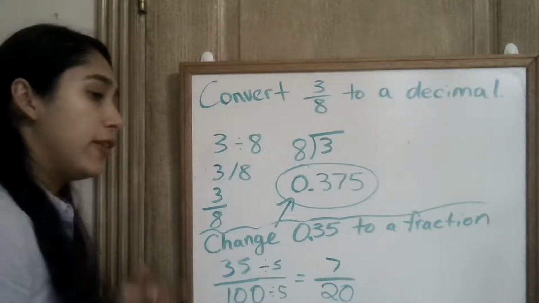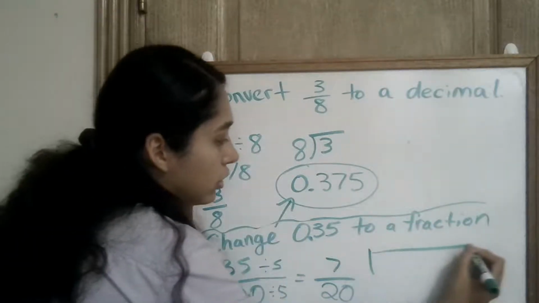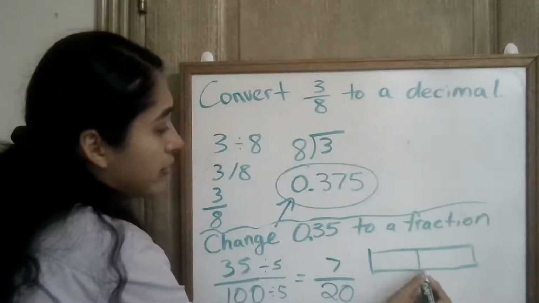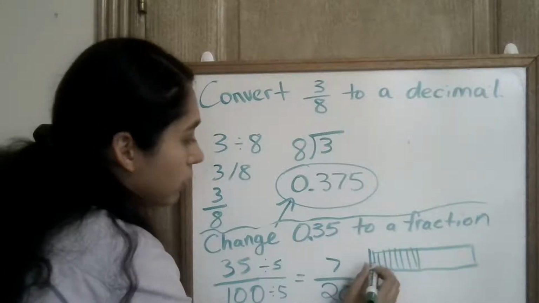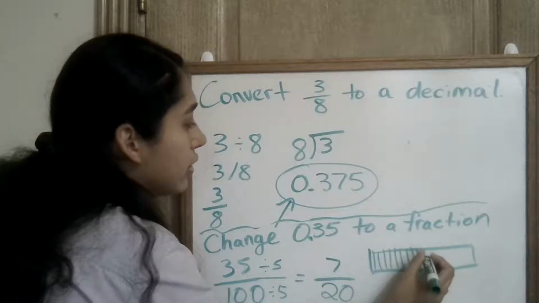So for some people, if you're thinking of it visually, like if I have a little bar, and you have it divided by 20, it's 20 pieces. Okay.